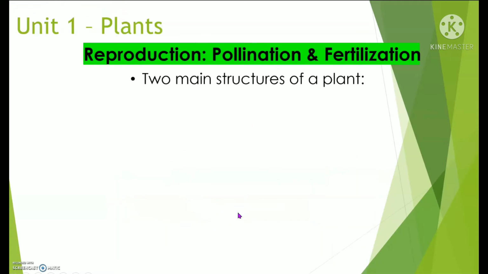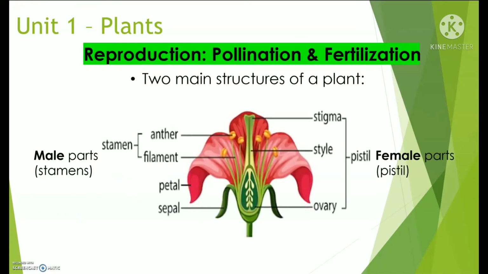Now let's see a whole picture of a flowering plant. This is the male part, which is the stamen. We have the filament and we have the anther on top of the male part. Next, for the female reproduction, we have the ovary.